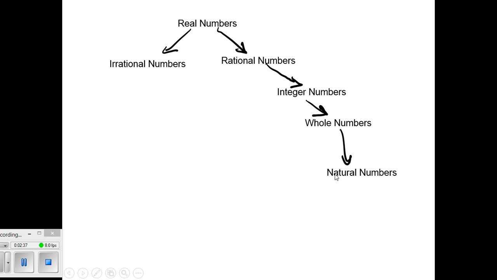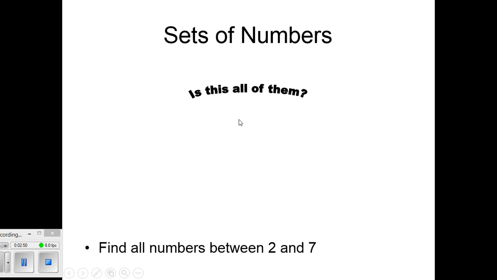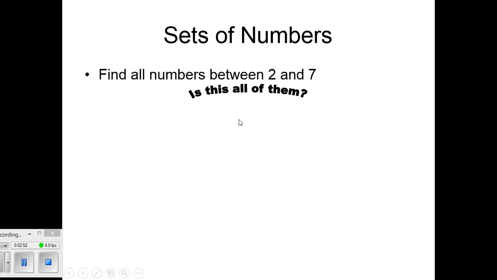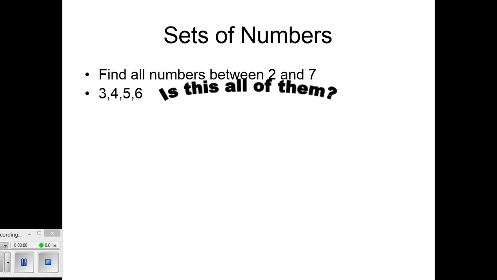If it's a natural number, is it an integer? Yes. If it's an integer, is it a natural number? No, not necessarily. Everything belongs to the set above it. We have a problem when we're talking about expressing numbers. Simple question: what is the collection of numbers between 2 and 7? 3, 4, 5, 6?